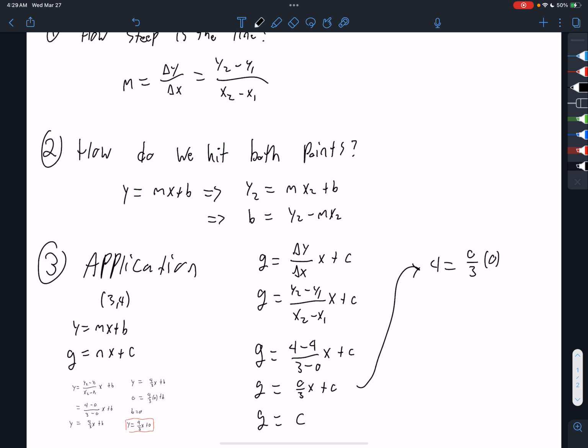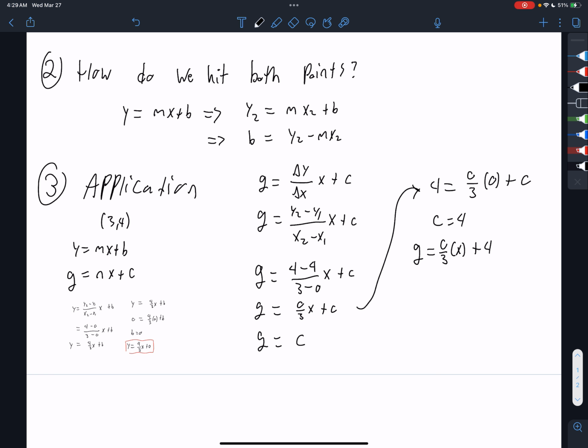What is x? X is 0, and then this is plus c. Well, 0 times anything is 0, which means that we're left with c equals 4, which means that our final equation is G is equal to 0 over 3x plus 4.